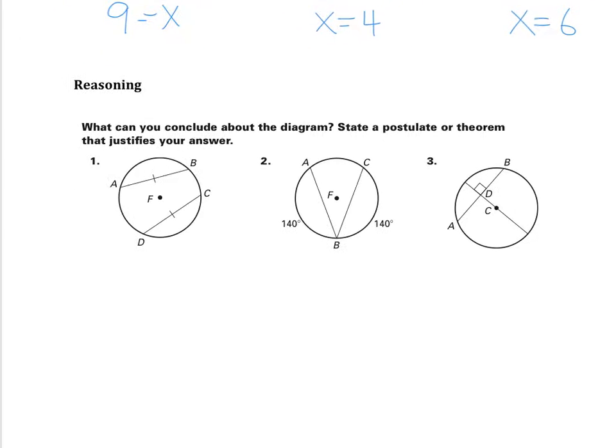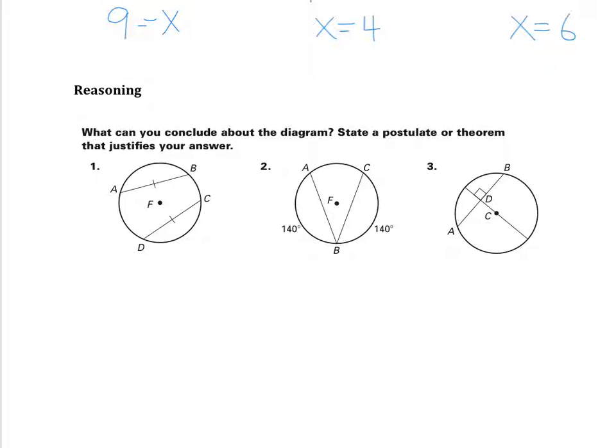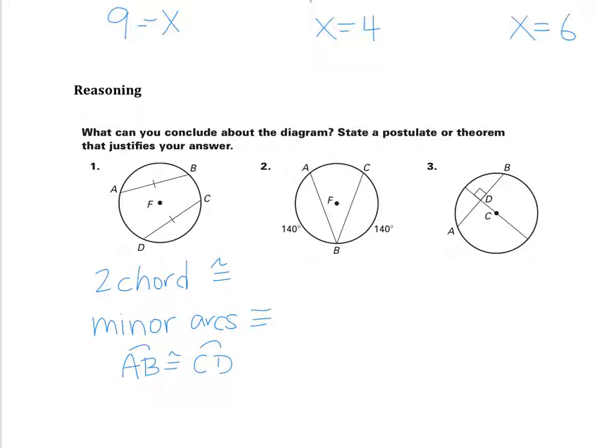In our reasoning section, what can we conclude about the diagram? So first thing is, what do we have in the diagram? We have two congruent chords, so then minor arcs congruent, arc AB congruent to arc CD.